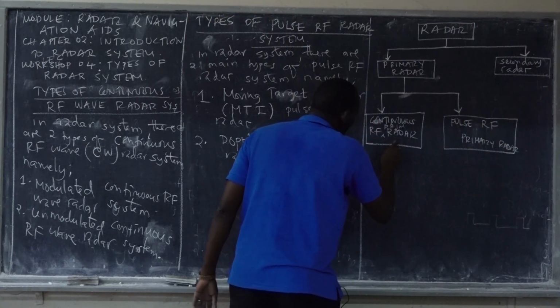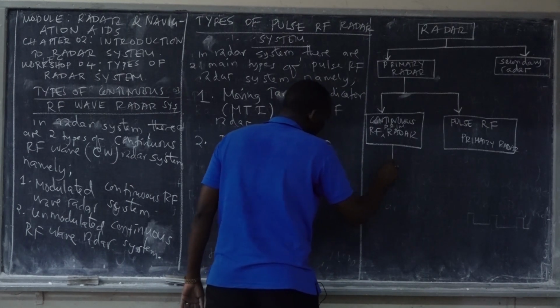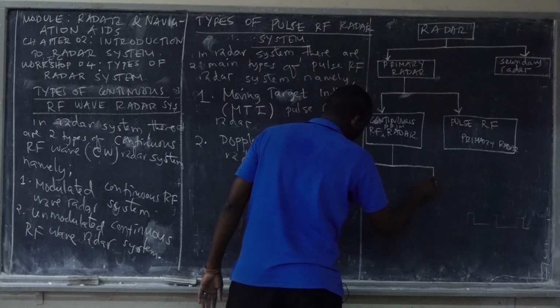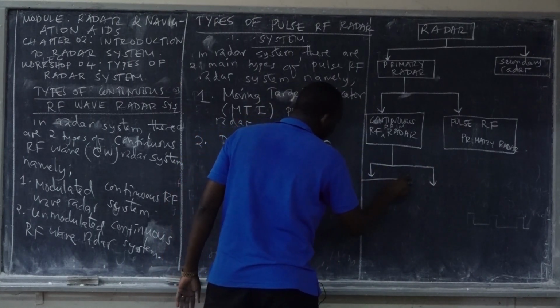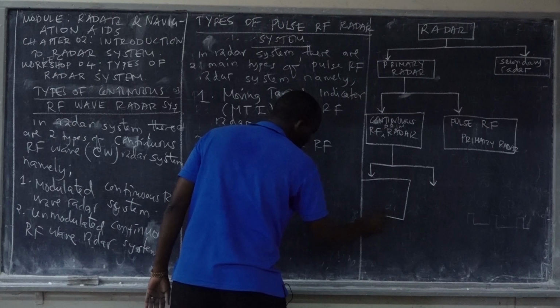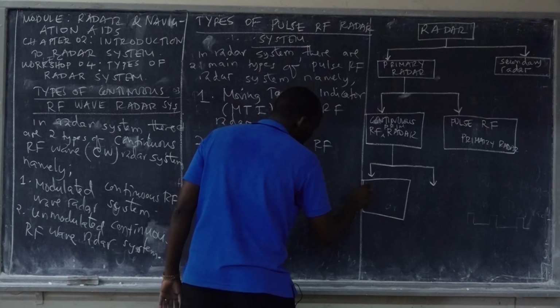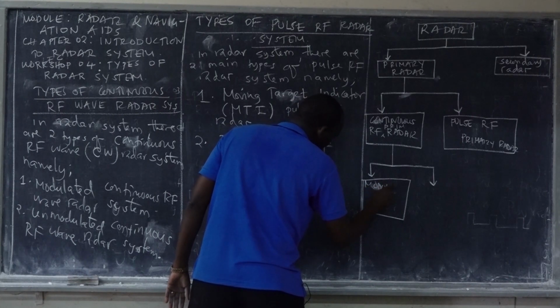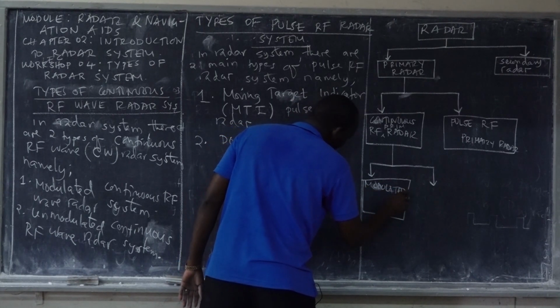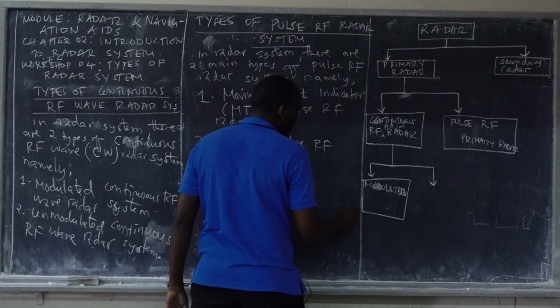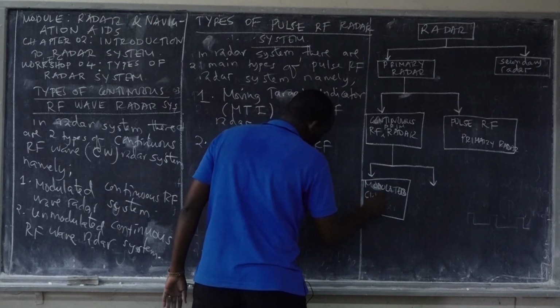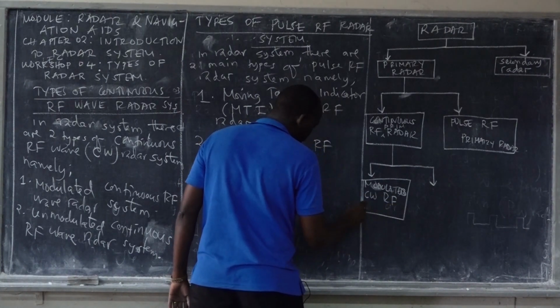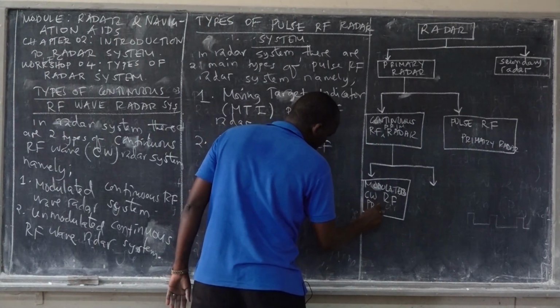Then in continuous radio frequency radar system, we have two types, which is the last category. The first one is called what? Modulated. Modulated continuous wave radio frequency primary radar.